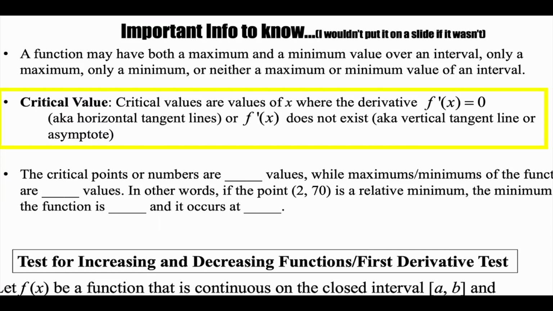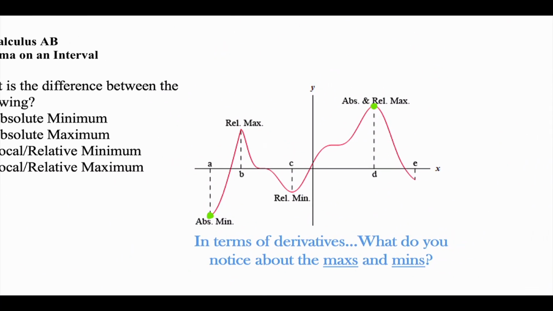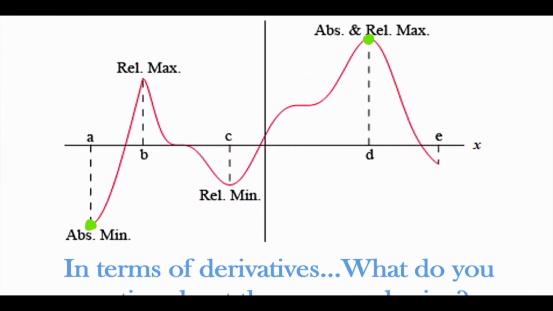Let's go back and look at the pictures here. Is there any spot where the derivative is horizontal? Like the derivative here, is it positive, negative, or 0? Because it's going uphill, right? And then the derivative over here is negative.